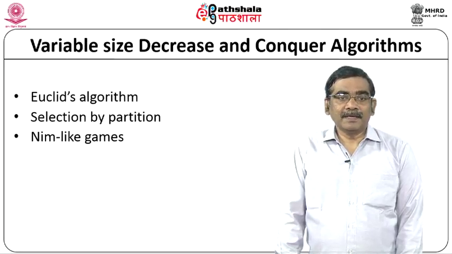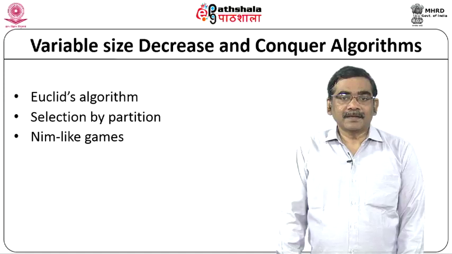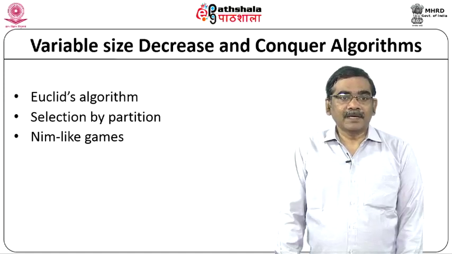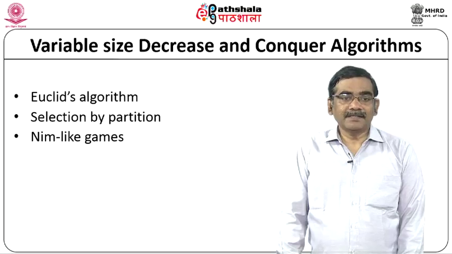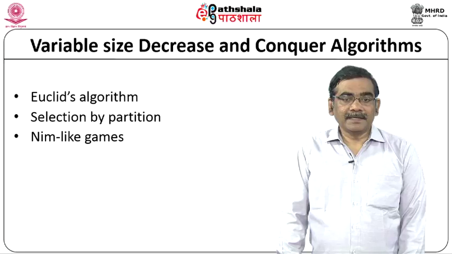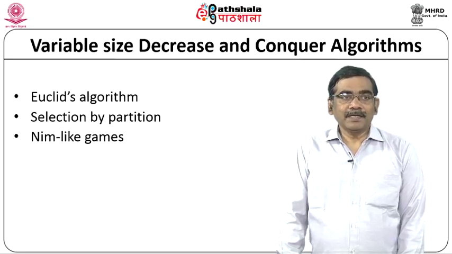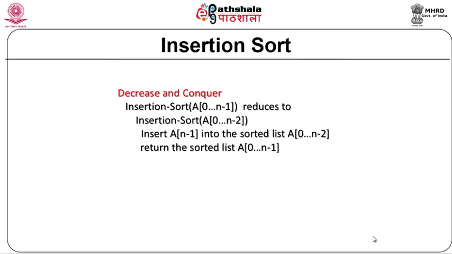The variable size decrease and conquer algorithms are algorithms like Euclid's algorithm to find a GCD, selection by partition, and Nim-like games. So, in this module we are going to concentrate on the decrease by constant algorithms.